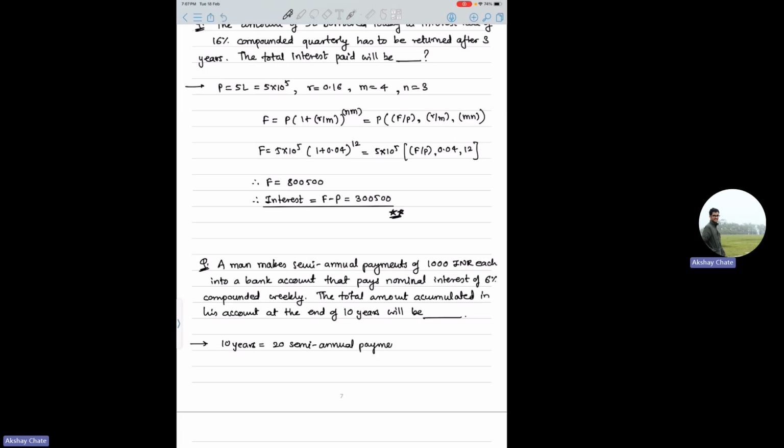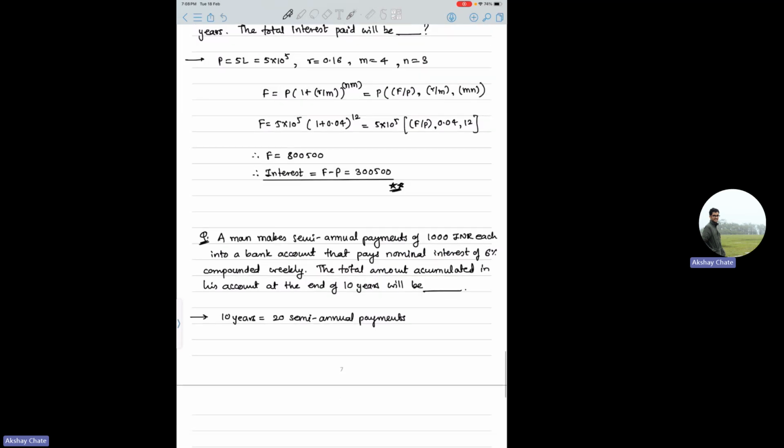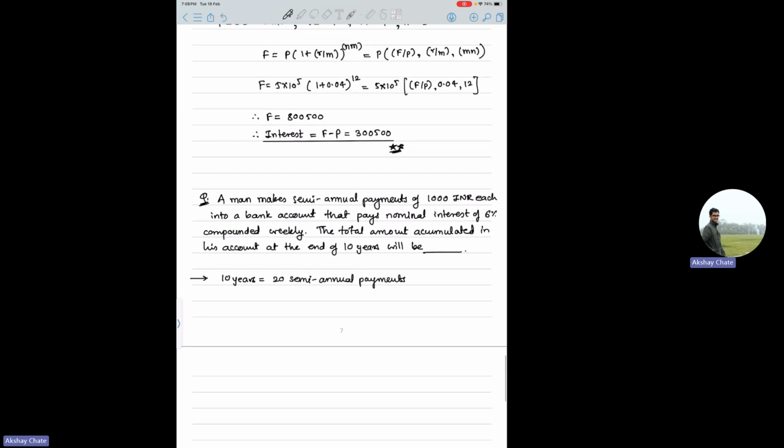So that is the first thing. No, sorry, m is a different thing. This 10 years, take it as 20 semi-annual payments. That is the first case, so that you will not get confused. So now everything you are doing, you are just focusing on 6 months of the year.